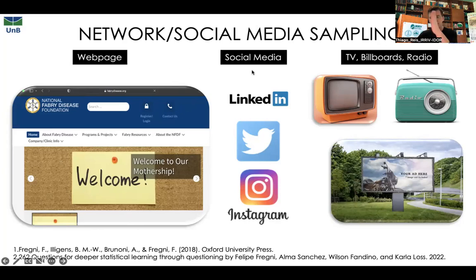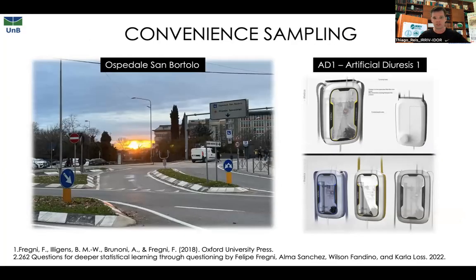For example, social media and web pages might exclude patients that do not have access or are not familiarized with computers. On the other hand, if you advertise on television and radio, you won't get me. For example, I'm always on YouTube and Spotify. So every different sampling method has its advantages and disadvantages.